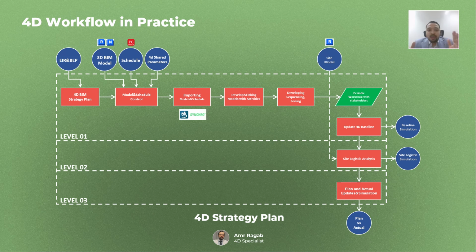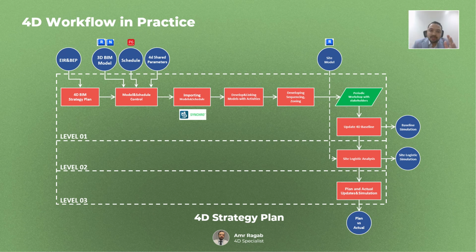Finally, we hold periodic workshops with all stakeholders, planners, engineers and management to review the progress simulation, identify any risks and agree on mitigation actions. This turns 4D BIM into a live communication platform, not just a visual tool.